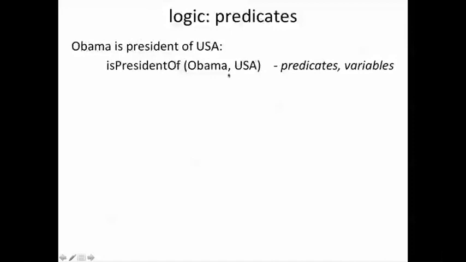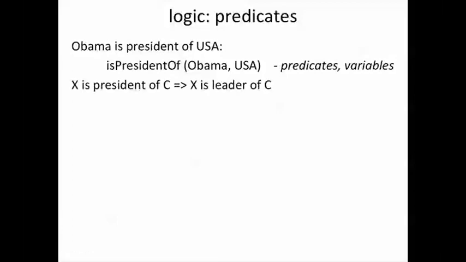Now this is a rather tricky notation, but all we're saying is that we have variables which are entities like Obama and USA, and we have predicates, which are relationships between these variables or entities.